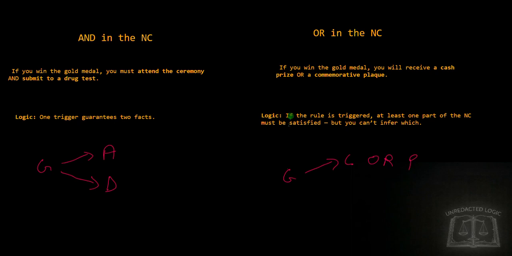The logic here is that if the rule is triggered, at least one part of the necessary condition must be satisfied, but you can't infer which one. So if you win the gold medal, you have to get either a cash prize or a commemorative plaque. And since the LSAT uses the inclusive or, you could also get both.